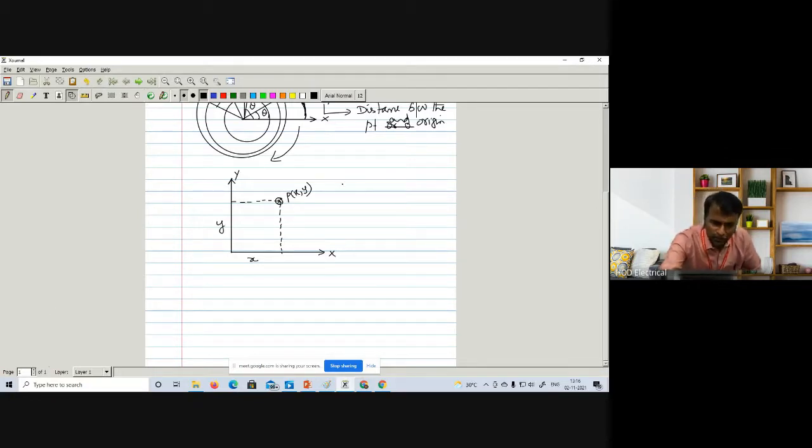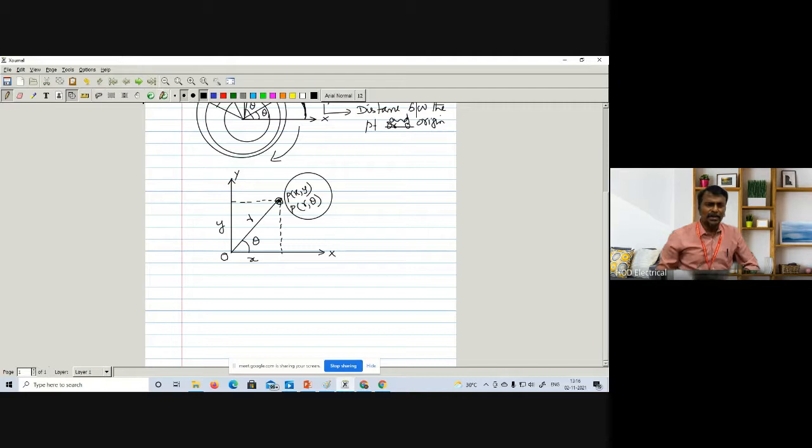Now, if you want to represent the same point in the polar coordinate system, first you should know the distance between O and this particular point. So you can take this radius r, then the angle of inclination with respect to the x-axis, I can call theta. So now I can represent the point as r comma theta. These two representations give the same position. At the same time, we are representing this point in the Cartesian coordinate system and the polar coordinate system.